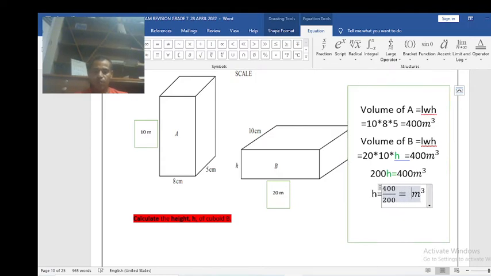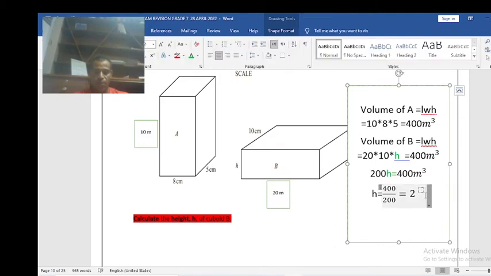And then I will erase the last one. So 2, the unit is meter, of course.